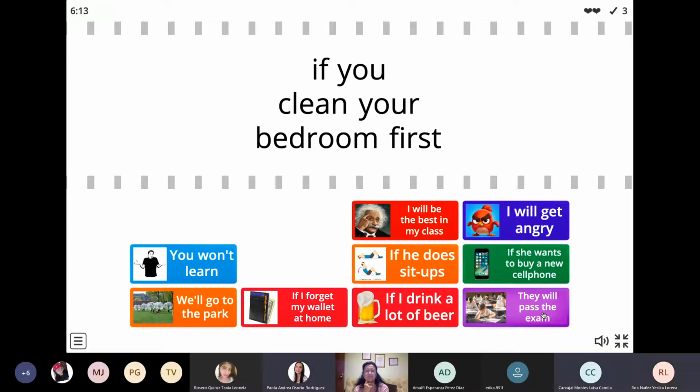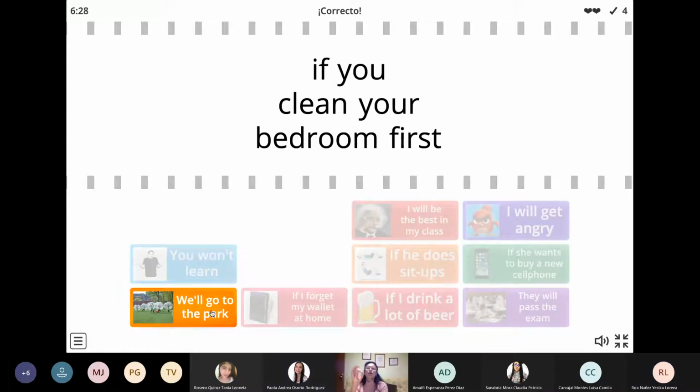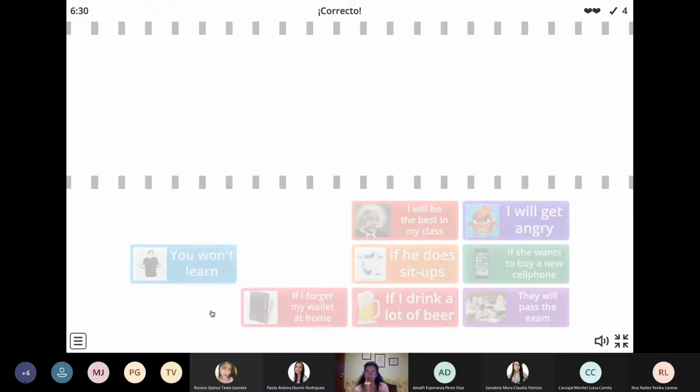I will get angry. Will get angry, quiere decir furioso. Pero si limpias tu cuarto, we'll go to the park. Very good. We'll go to the park.